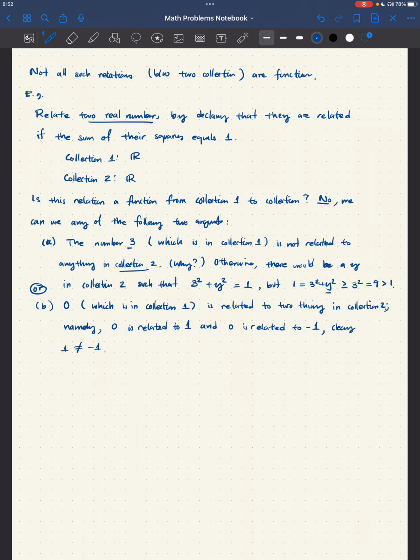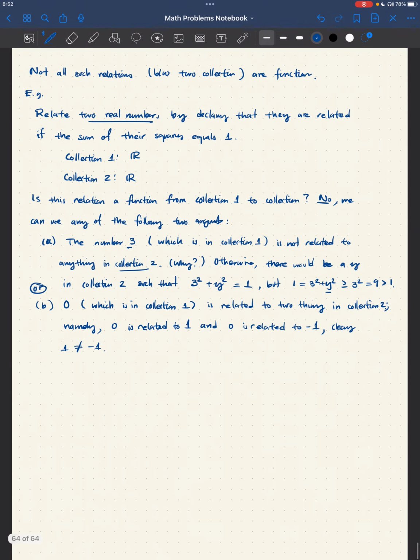Now, one of the advantages of this relation is that we can also graph it on a piece of paper. Because what is the thing that we're representing here? The sum of the squares equals 1. Well, that's nothing else but the unit circle centered at the origin. So, if we were to graph it, more or less, it would look like this.